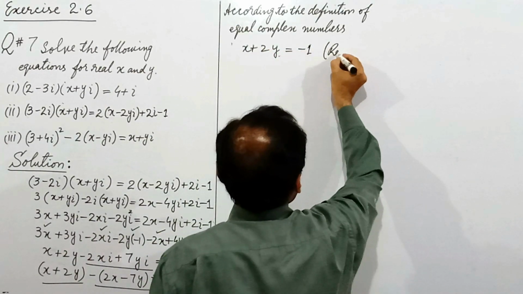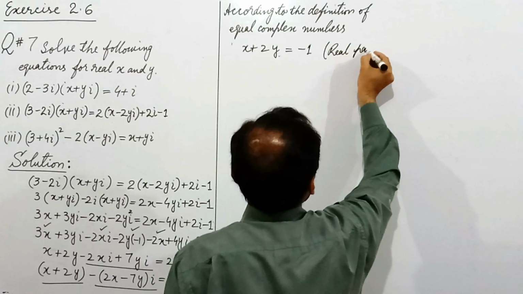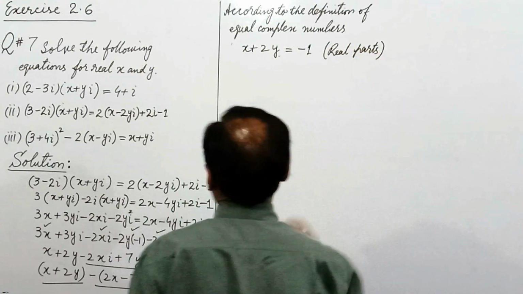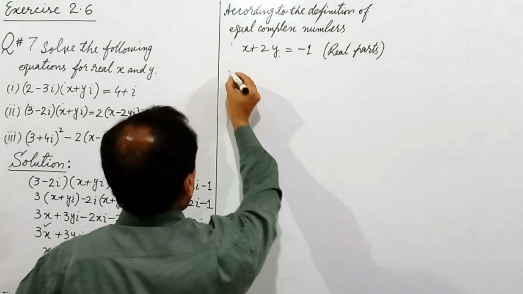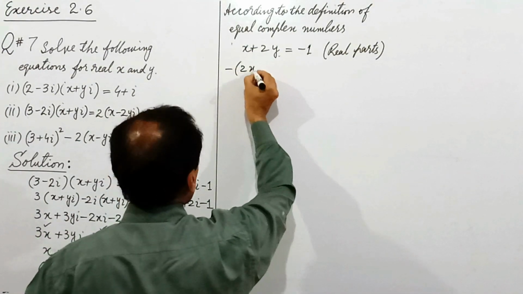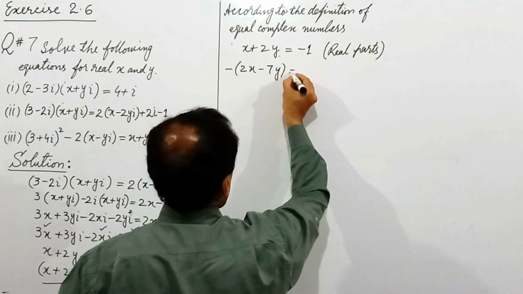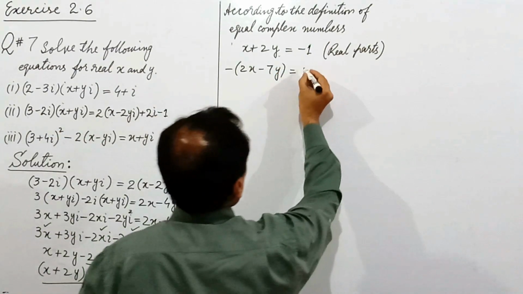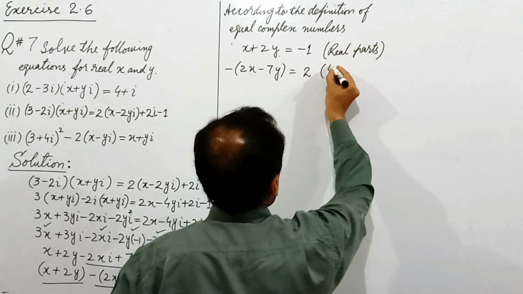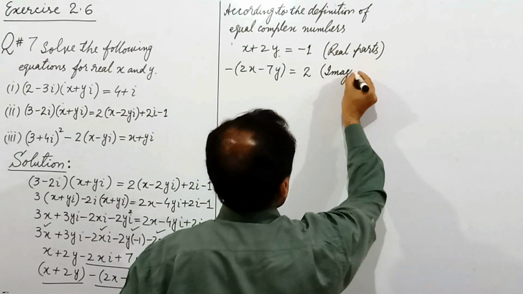These are real parts. Whereas the imaginary parts, minus i into (2x minus 7y) is equal to the imaginary part on the right side, that is 2, and these are imaginary parts.